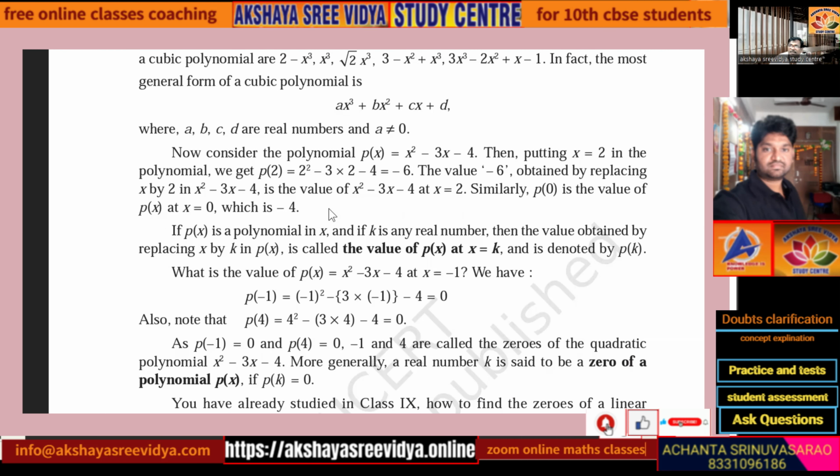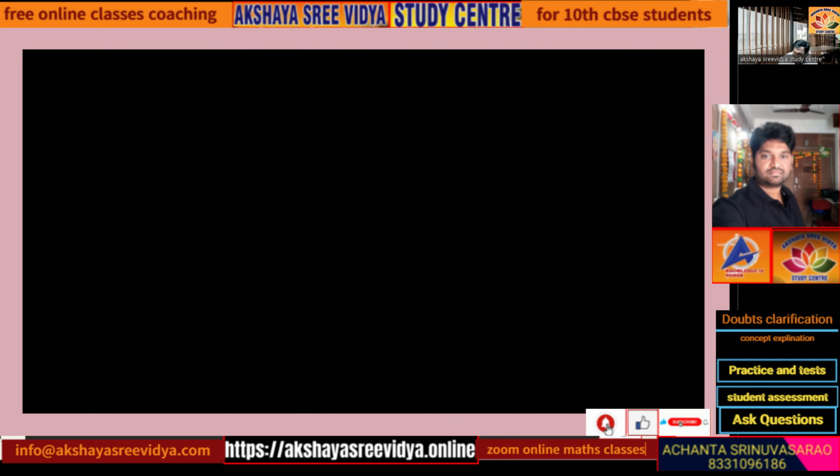Similarly, p of 0 is the value of x square minus 3x minus 4 at x is equal to 0. Again, we take x square minus 3x minus 4, that is equal to p of x.